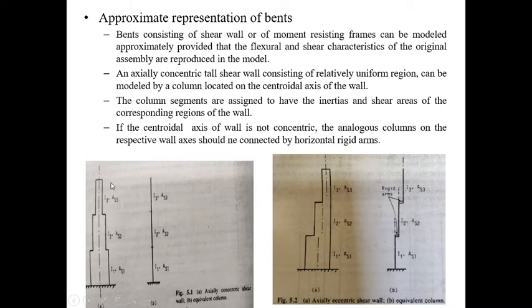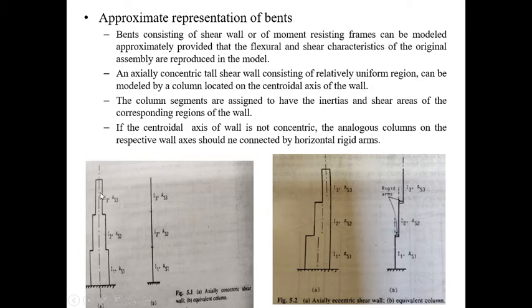Now this is the actual real structure, and this is the representation of this structure when you are doing analysis in the software. The bends may consist of shear walls, or it may be a moment resisting frame.